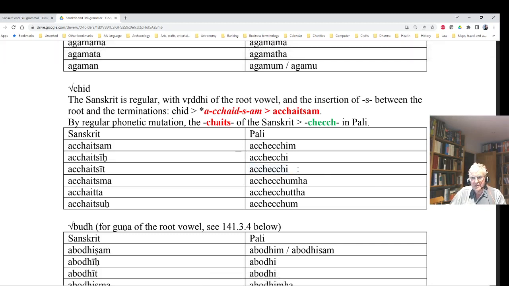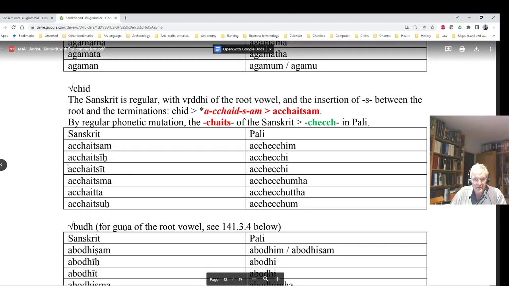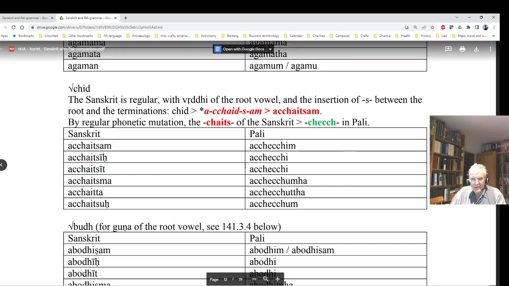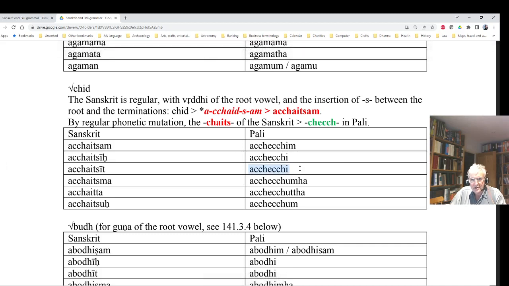Well, how would you get achechi from the root chid? Well, there we have it. In Sanskrit, it is a regular formation. Chid becomes achaitsit in the aorist, and that by regular phonetic mutation gives us the achechi in Pali.